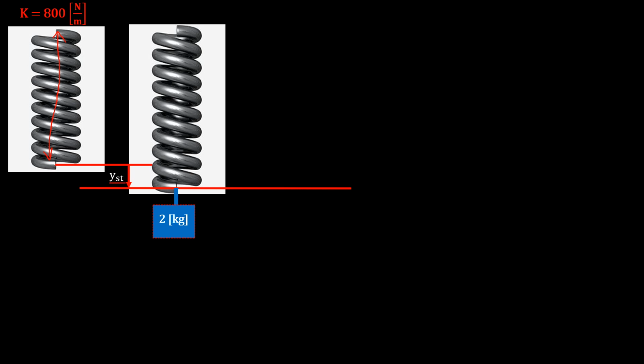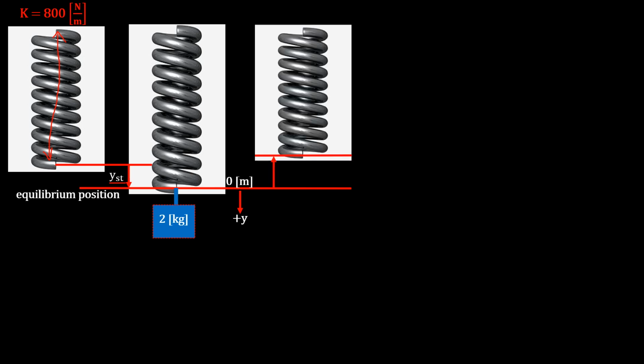So now this will become your equilibrium position. Here we can zero our location, and downward is the positive y direction. Here the spring got pushed, or in other words compressed, a distance of minus 0.05 meter at 0 second, and then stops, 0 velocity at 0 second. So these are called your initial conditions.